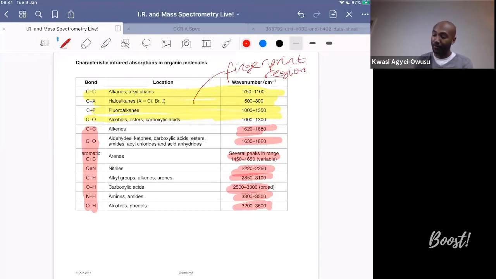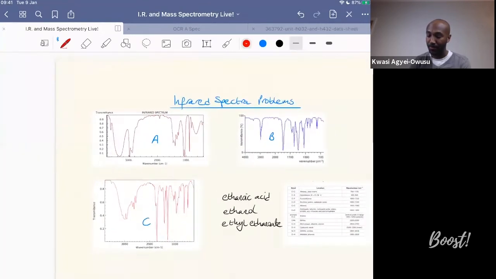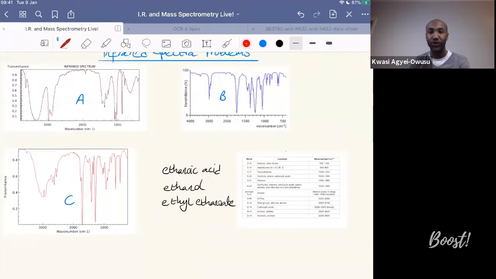So how do we use this table to work out what types of covalent bonds are present, and what functional groups we've got as a result? Let's have a look at some example problems. Hopefully you should be able to see on your screen three examples of infrared spectra.